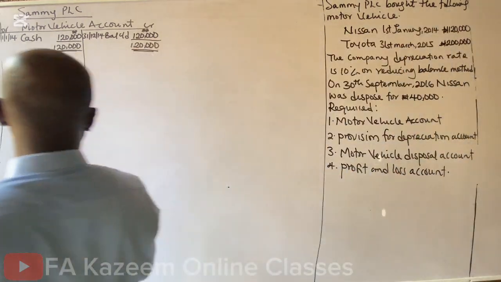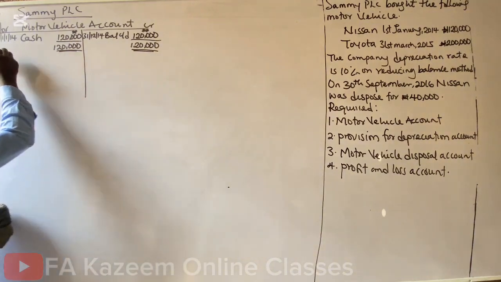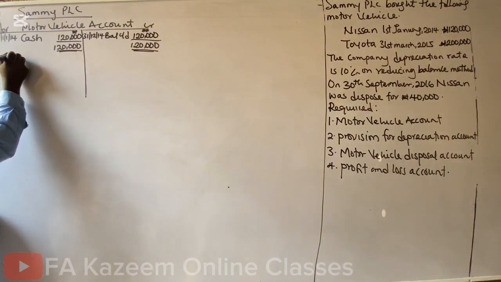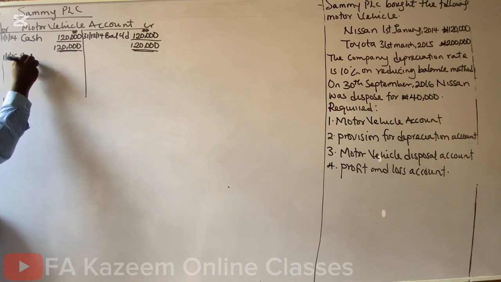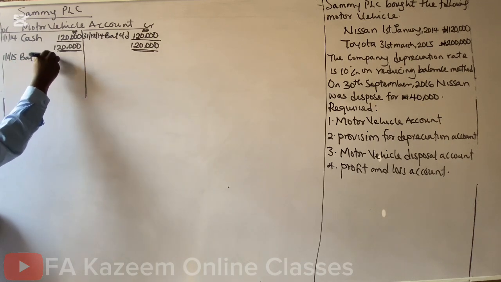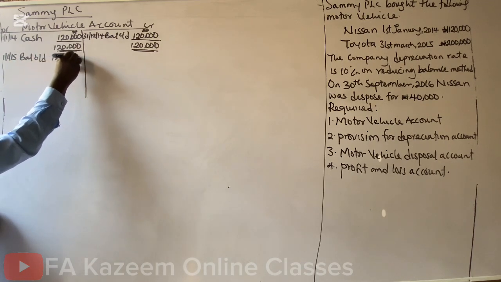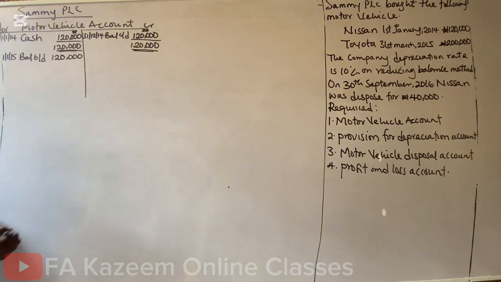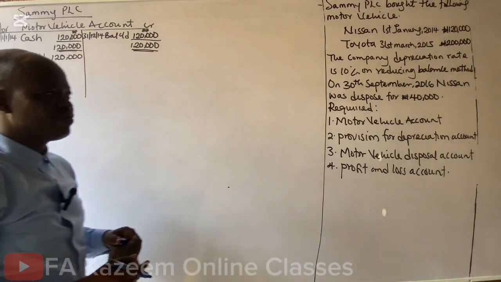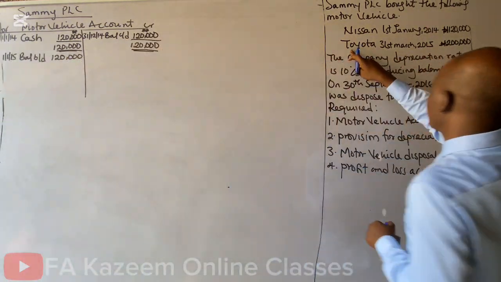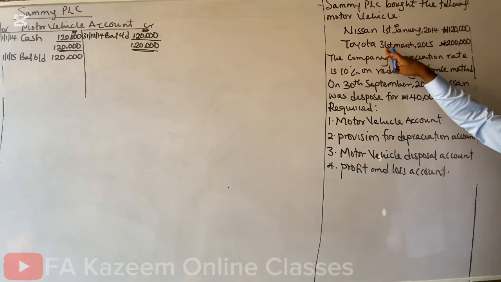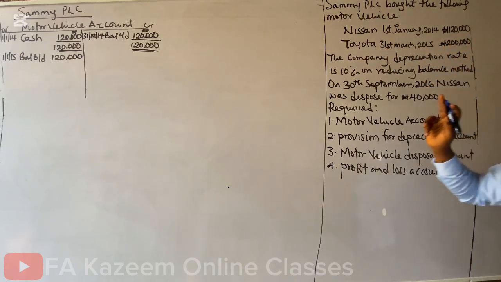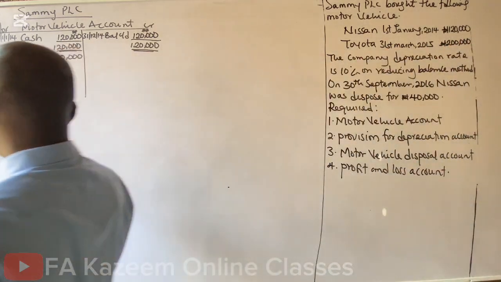Let's bring it down to 2015. That is 1st January 2015. Balance brought down 120,000. In 2015 March, the Toyota was acquired for 200,000, meaning they have two assets now.